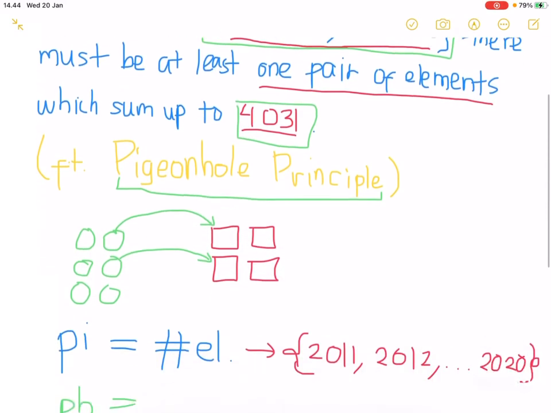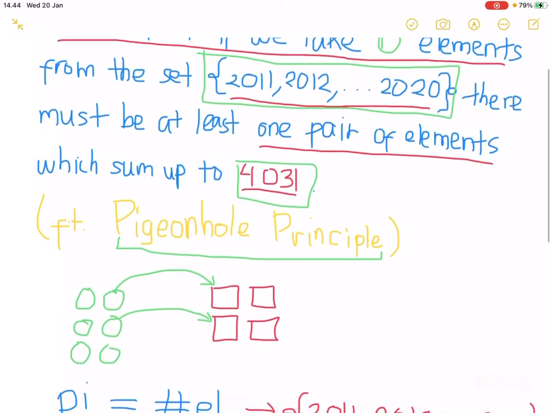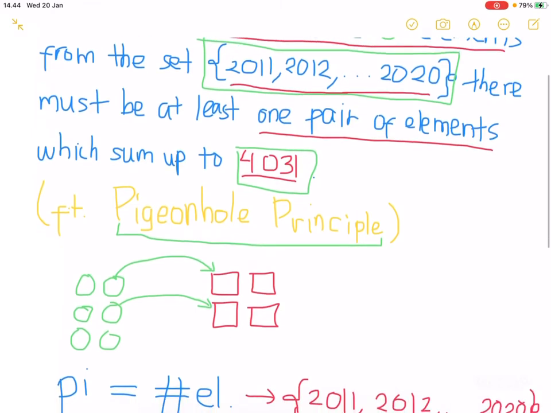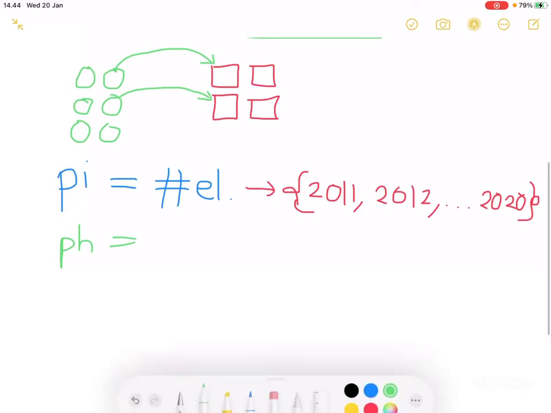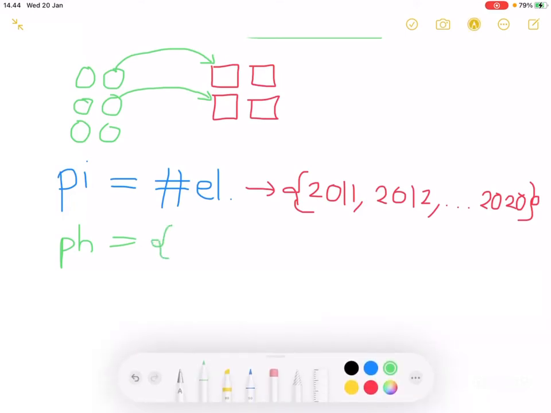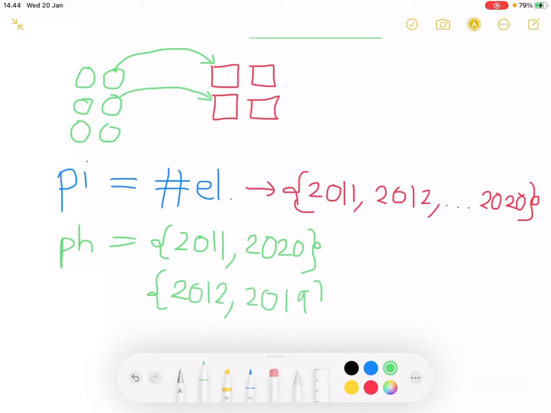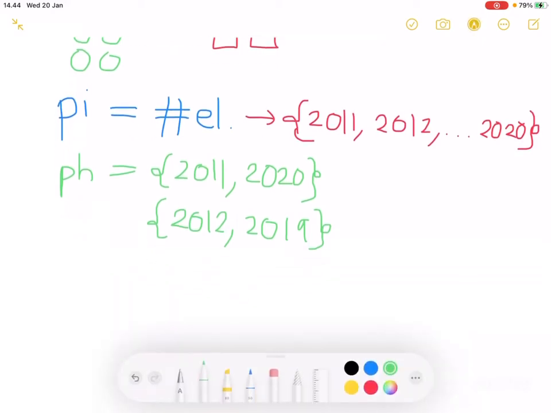So if you look carefully, those subsets are 2011, 2020, and notice if you sum that together, we'll get 4031. And next is 2012 and 2019, and you may expect where this is about to go, and we're going to stop at 2015, 2016.